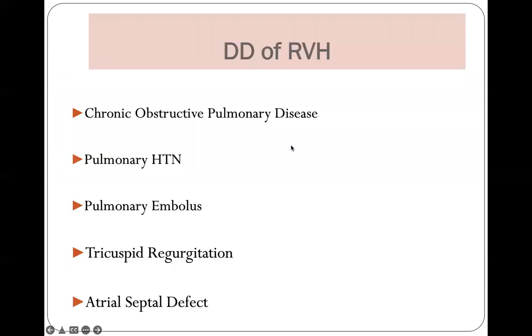So these four criteria are characteristic for right ventricular hypertrophy, and the most common cause of right ventricular hypertrophy is chronic obstructive pulmonary disease, COPD, due to pulmonary hypertension, but also pulmonary embolism, tricuspid regurgitation, presence of atrial septal defect. All these situations cause pressure and volume overload on the right ventricle, causing the right ventricle to hypertrophy, producing this pattern.